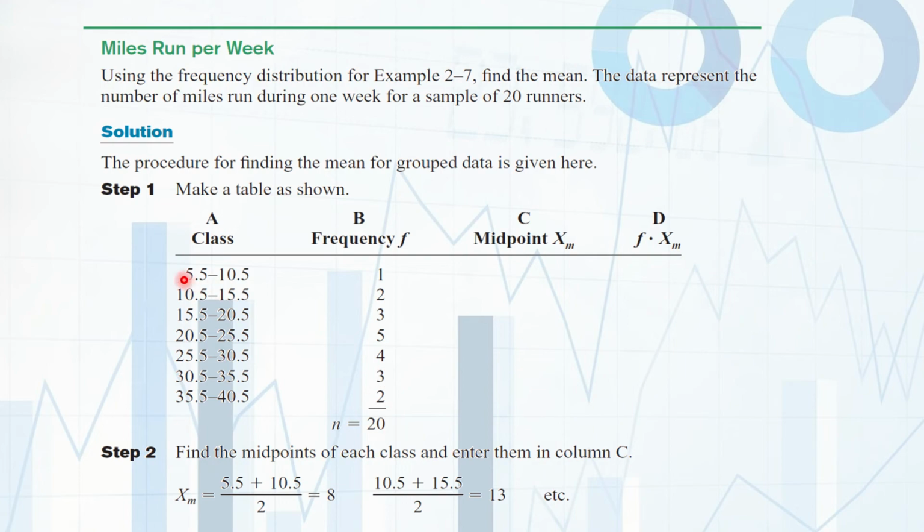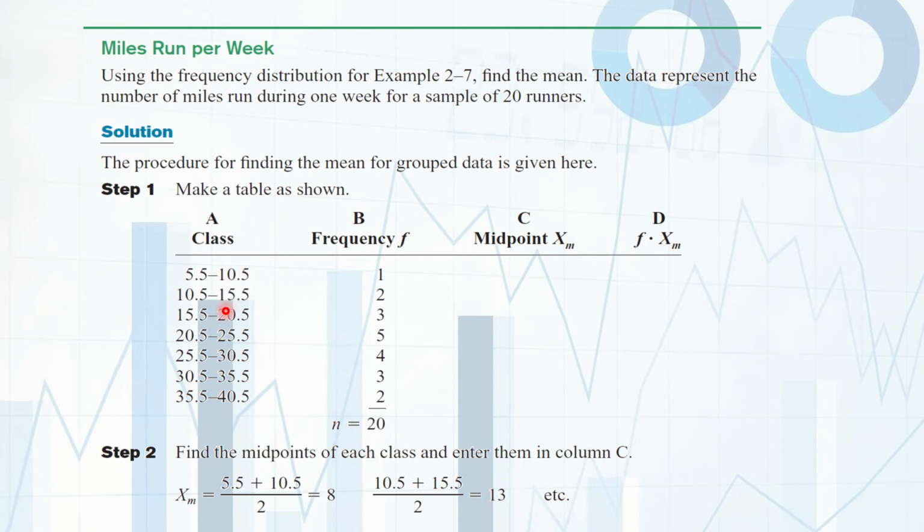The first step is to find the midpoint: 5.5 plus 10.5 divided by 2, which is 8. The next midpoint uses the next two class boundaries: 10.5 plus 15.5 divided by 2 gives 13. The first midpoint was 8, the second is 13, and the class width is 5 as well.